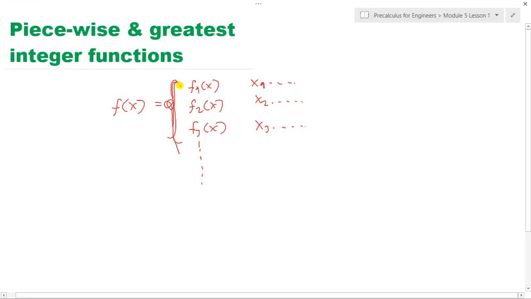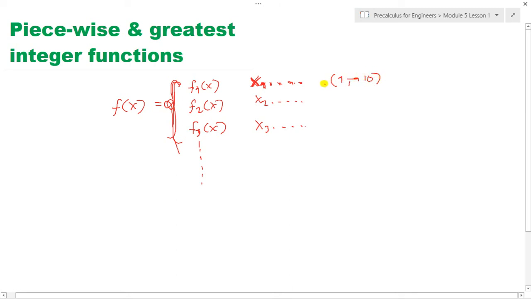A piecewise function is composed of two or more unique functions that are grouped together. Let's say we have function 1, function 2, function 3, and so on. For every function, naay corresponding nga domain. For the first function, mo-satisfy lang siya sa iyang domain, let's say from 1 to 10.